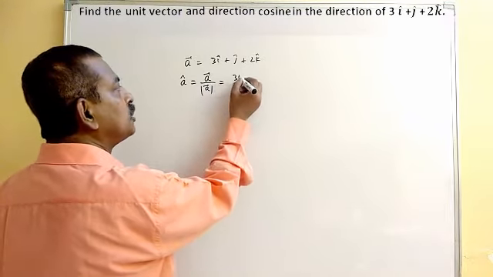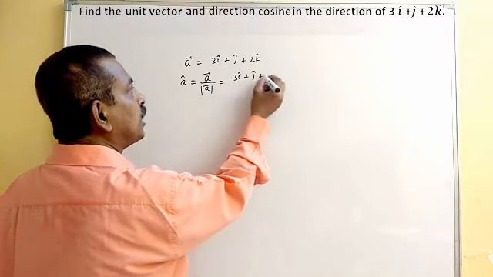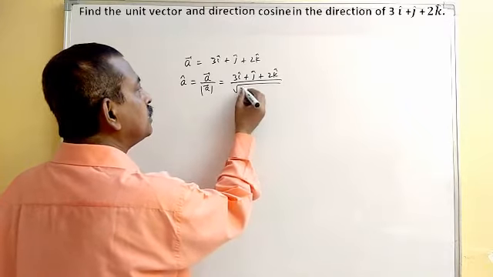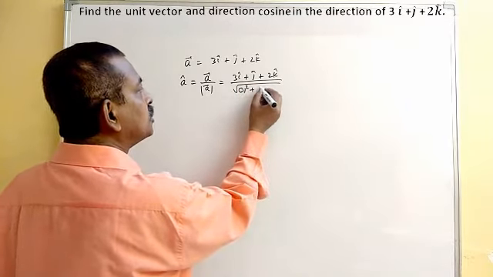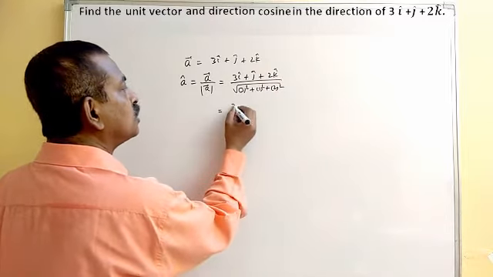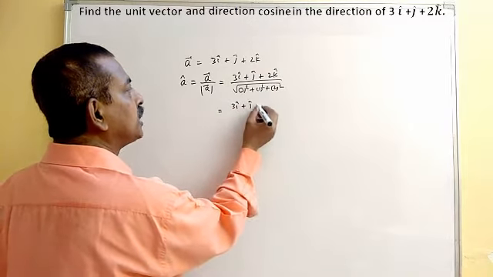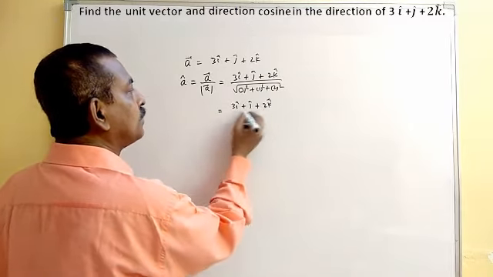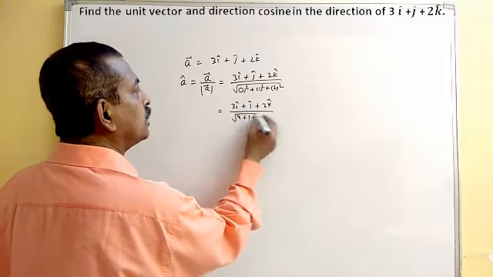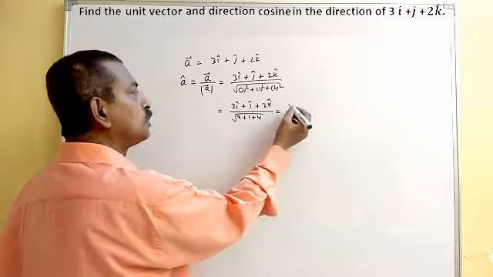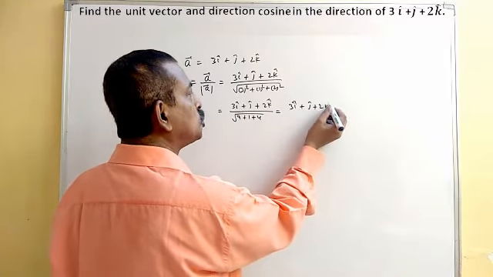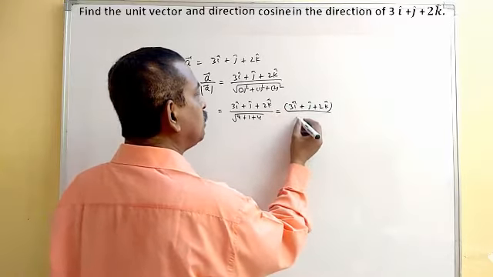So it is 3i plus j plus 2k, and we divide it by its magnitude. So it is root of 3 squared plus 1 squared plus 2 squared. So this is 3i plus j plus 2k divided by root of 9 plus 1 plus 4, that is, 3i plus j plus 2k vector divided by root over 14.